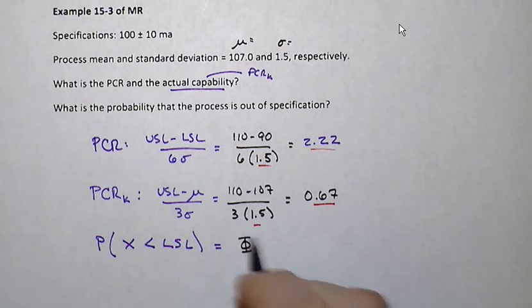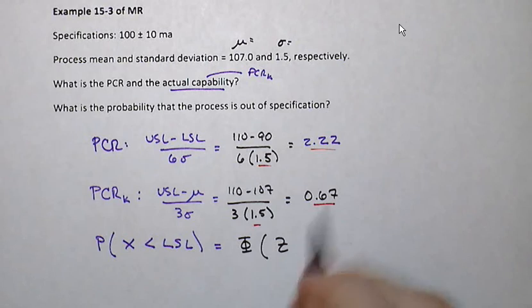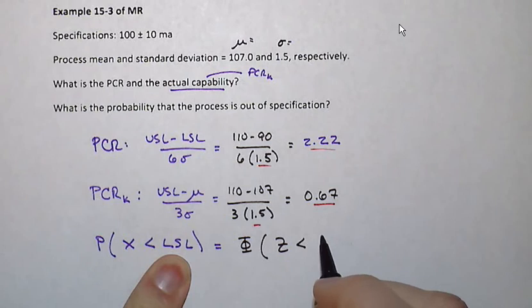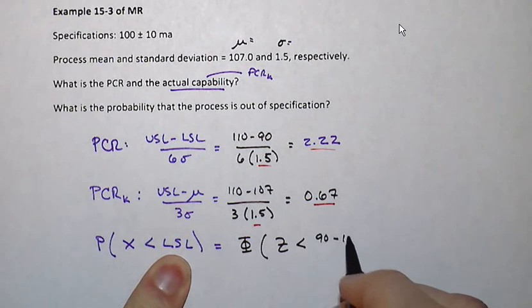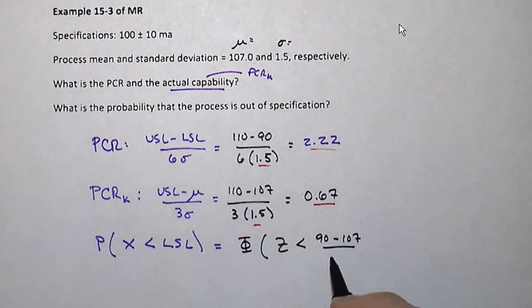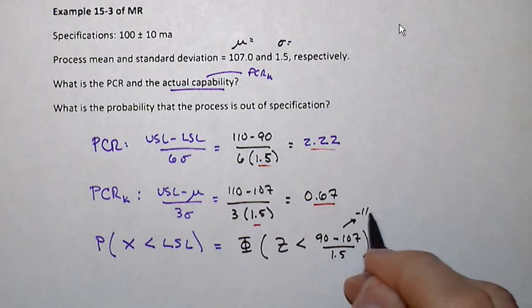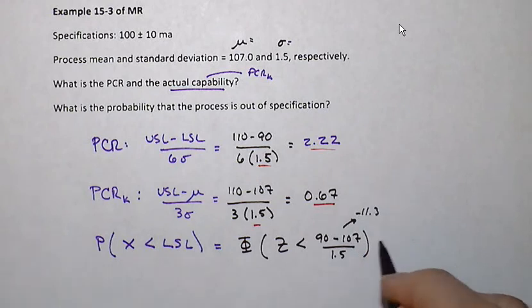So we can go straight to that z is less than, and we'll have then, see, lower specification limit, so that's 90 minus our mean of 107 divided by our standard deviation of 1.5, and that'll turn out to be minus 11.3, which is way out there, and our cumulative function there is equal to 0 on that one.